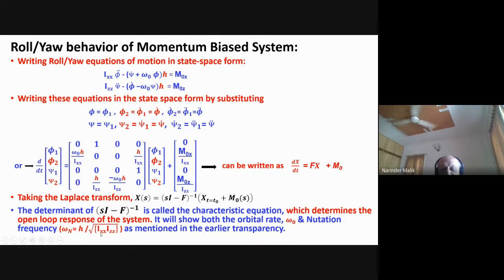When you expand that equation, it will be (s square plus omega naught square) within the bracket, into another bracket, (s square plus omega n square). The product of omega naught square and omega n square is very small, so that will be neglected. But you can see the equation will turn out to be like that.